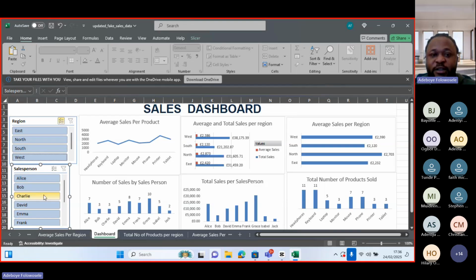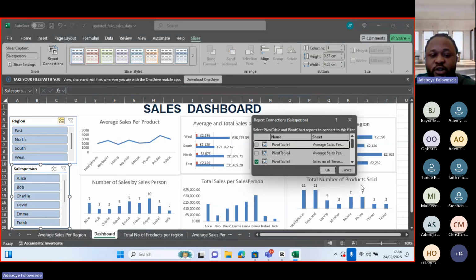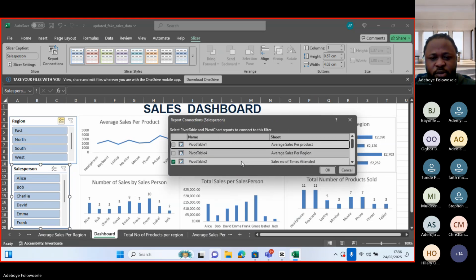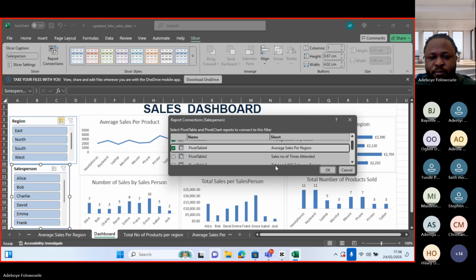So how do we do that? I'll click on the slicer again, report connection. So I don't want it to communicate with number of sales per salesperson. It can communicate with average sales per product, average sales per region.